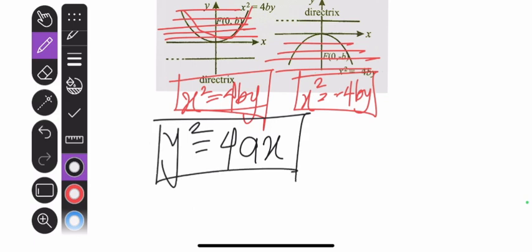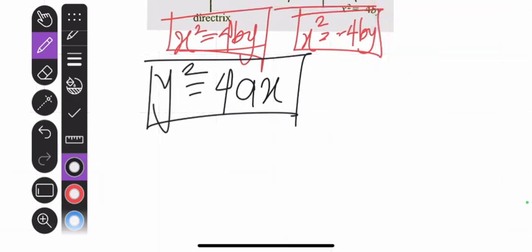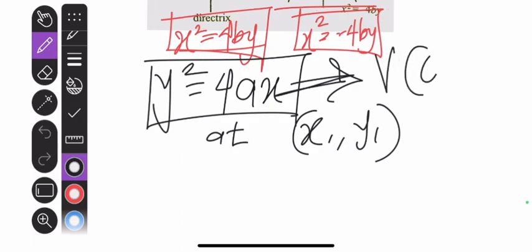Now, what about the canonical form? If this is at x1, y1, this case is a special case where the vertex is at the origin 0, 0.